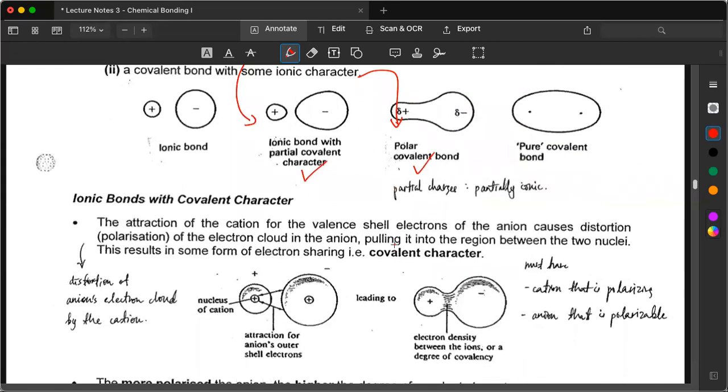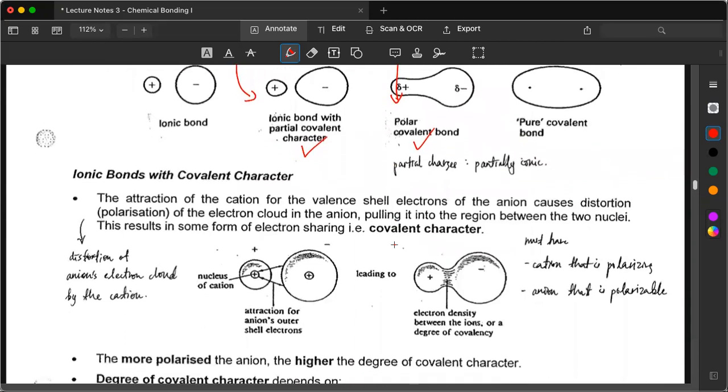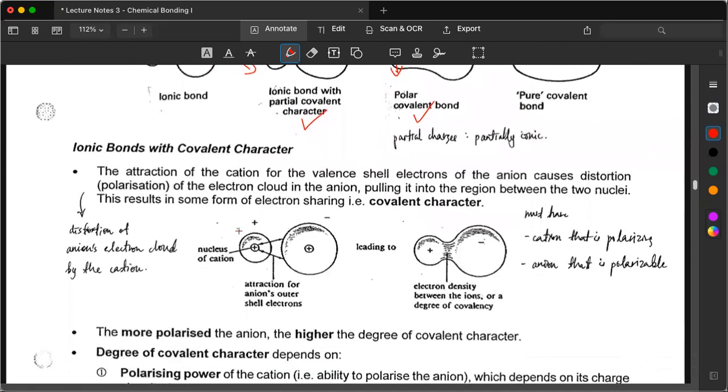Now, for ionic bond with covalent character, the attraction of the cation for the valence shell electrons of the anion causes some distortion or polarization of the electron cloud in the anion. Polarization means the electron distribution is distorted because one is attracting to a greater extent. So the electron cloud will be pulled into the region between the two nuclei.